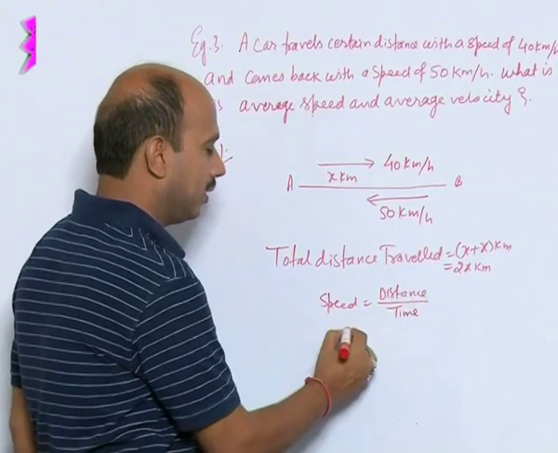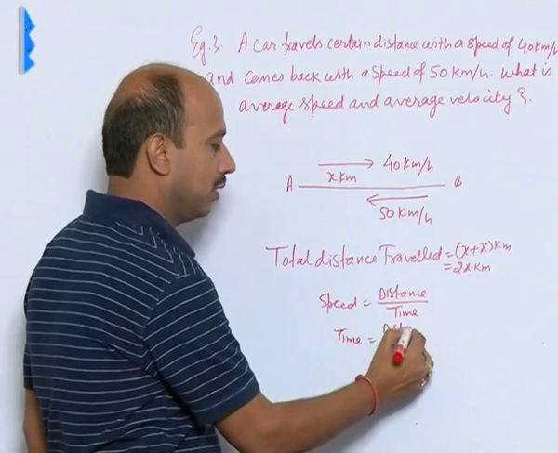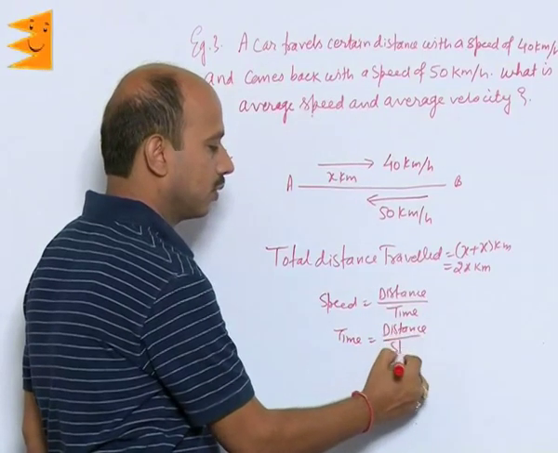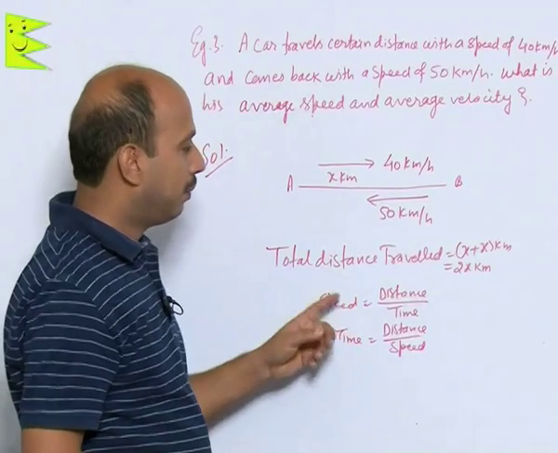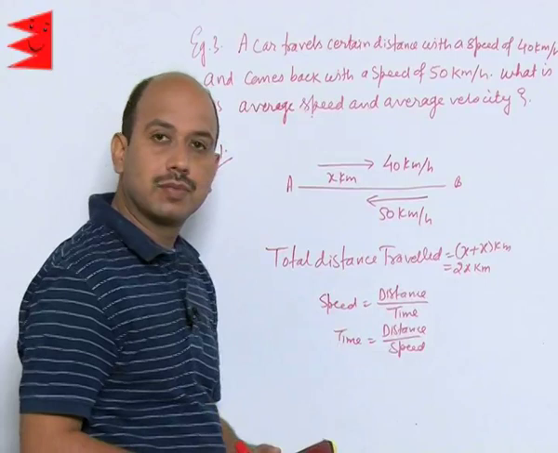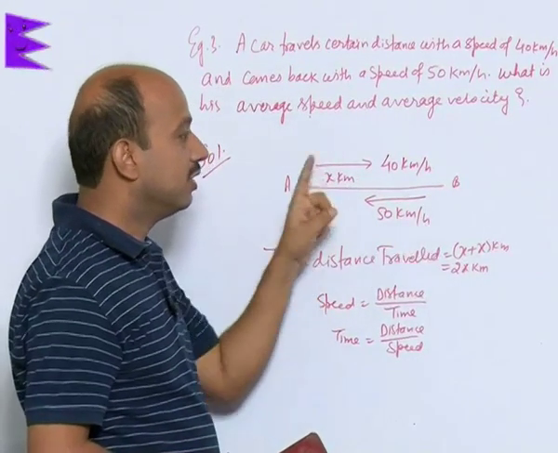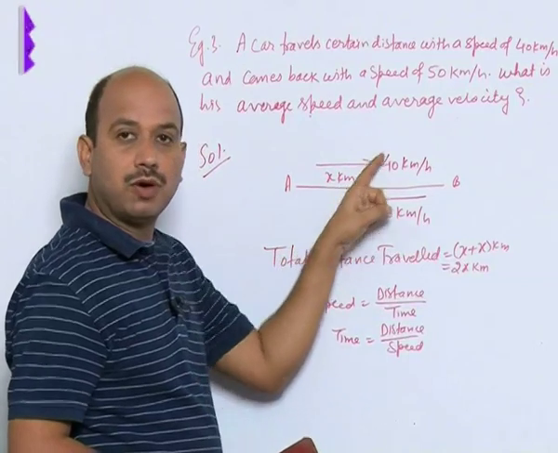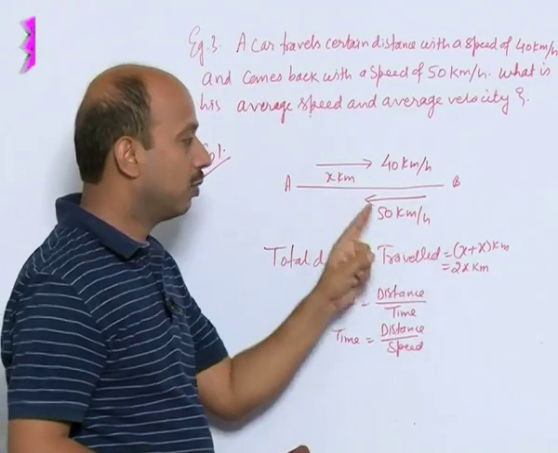So, we can write time is equal to distance upon speed. Here we have assumed distance x, so we can now calculate time. While going A to B, time will be distance upon speed, that means x upon 40, while coming back B to A, time will be x upon 50.